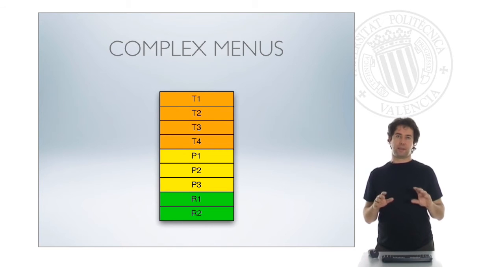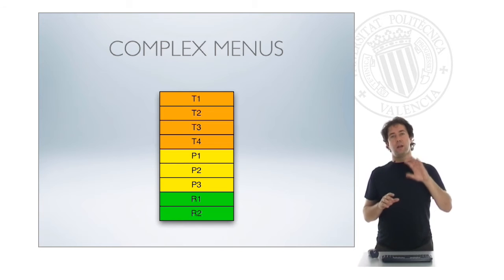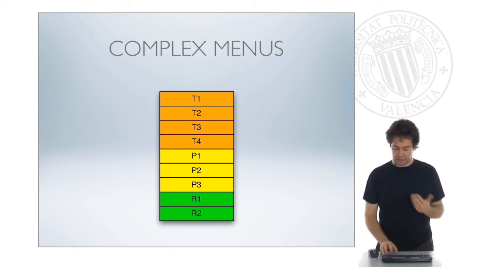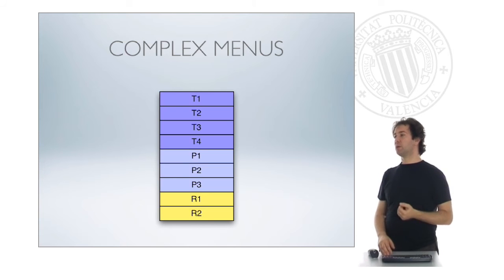So we want to express that T1, 2, 3, and 4 are one section which has some connection to P1, 2, 3, and R1, R2 are something totally different. Okay, we can do this using colors as well.